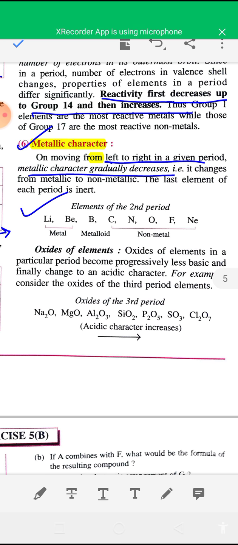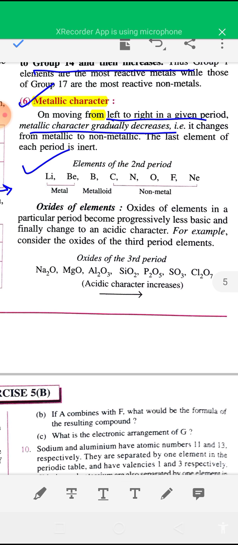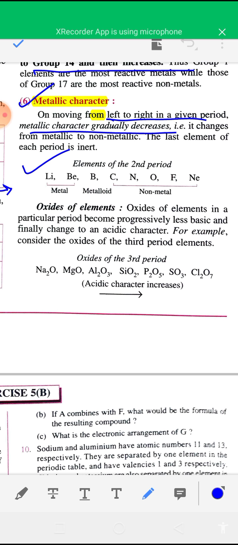Oxides of elements in a particular period become progressively less basic and finally change into acidic. And remember, down a group, the basic character of the oxides increases, and in a period from left to right, acidic character of oxides increases.